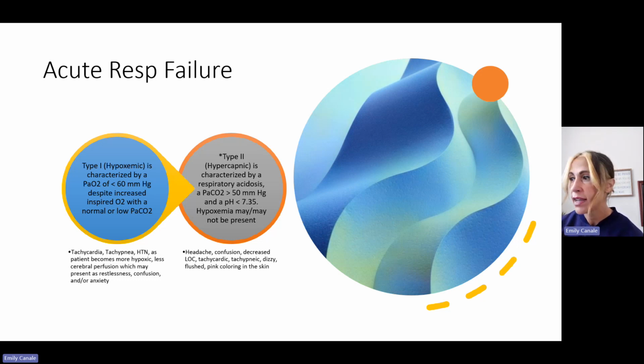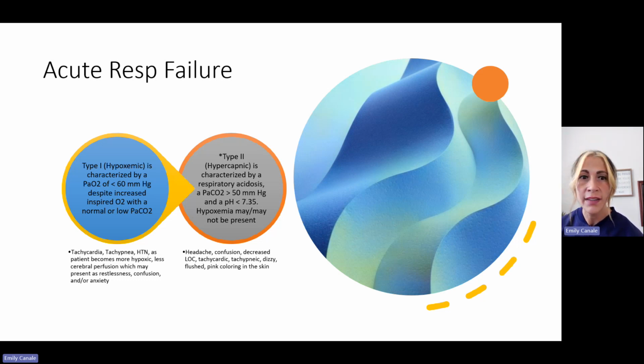On the opposite end, hypercapnic respiratory failure is when they're demonstrating respiratory acidosis, with CO2 greater than 50 and pH less than 7.35. On the other hand, hypoxemia may or may not be present in these cases. So they are two different things, and they're caused by two different things.